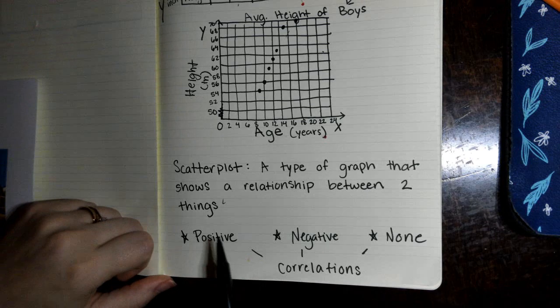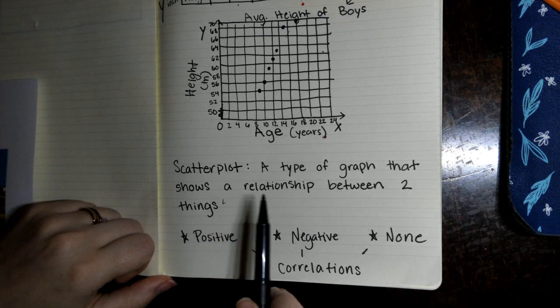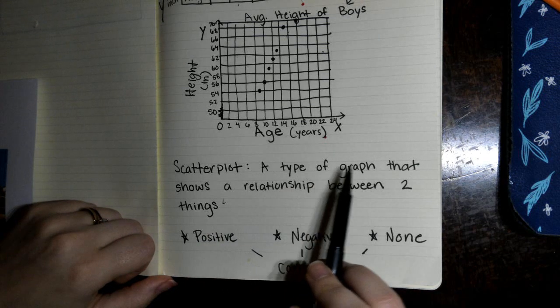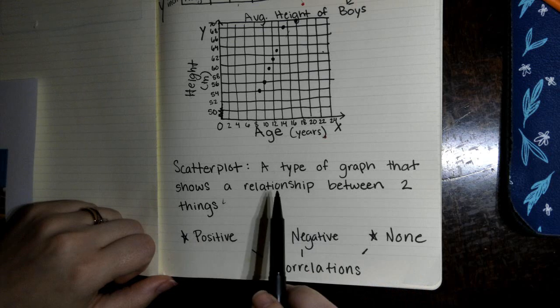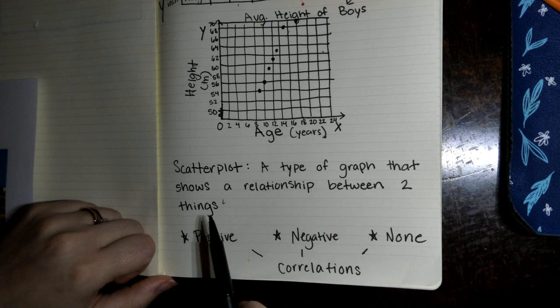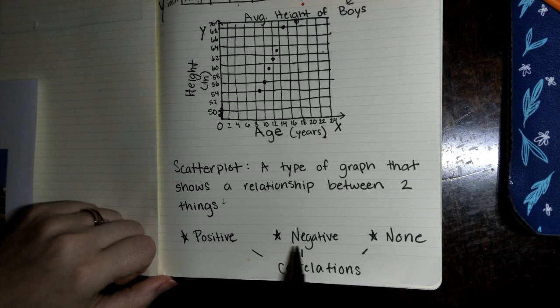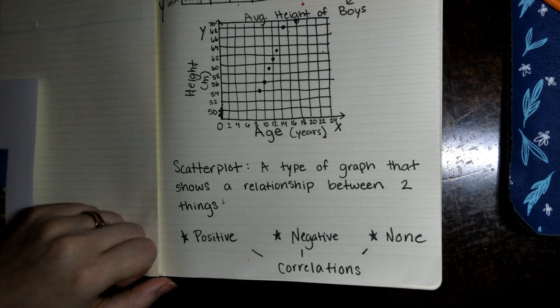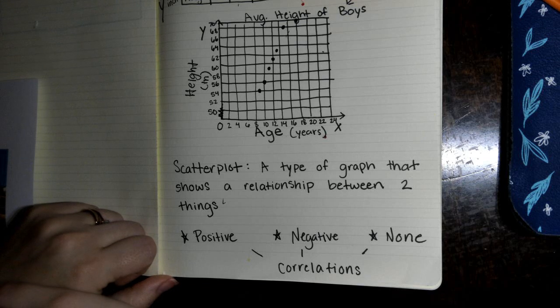So this is the definition of a scatter plot: a type of graph that shows a relationship between two things, and it can fall into three categories: positive, negative, or none. Now, a none literally just means what it sounds like. There is no correlation. They're not related.